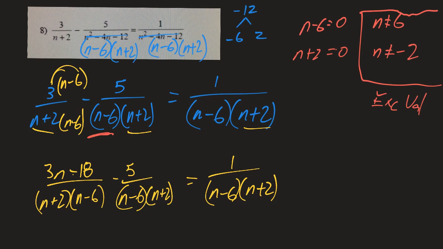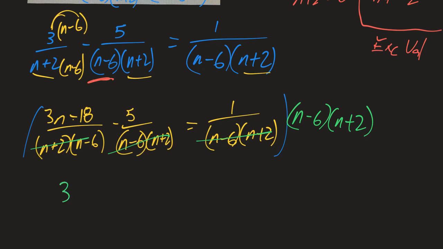All right, awesome. Let's multiply these denominators away, get rid of our fraction, and then we'll be good to go. So these are going to cancel out all three of these, and then we're going to be left with this equation.